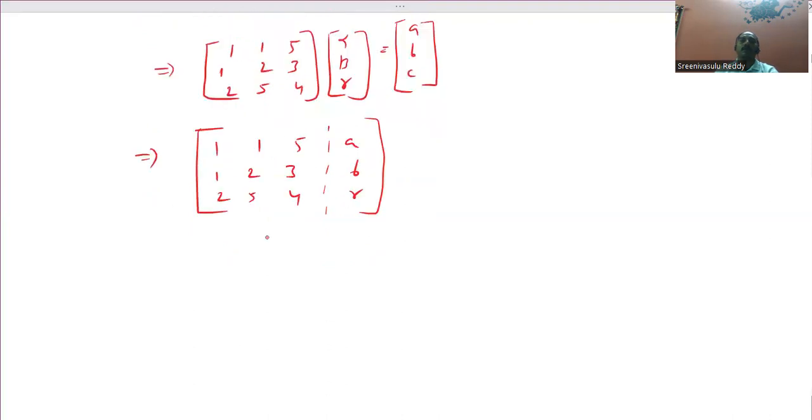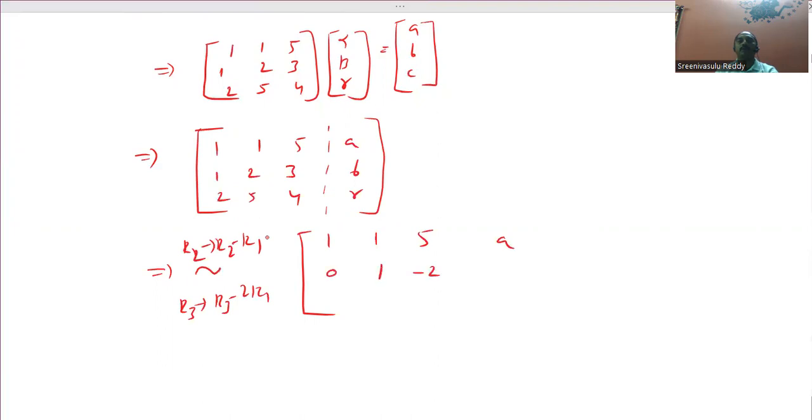Apply the row operations: R2 goes to R2 minus R1, R3 goes to R3 minus 2R1. The resultant matrix becomes (1, 1, 5 | A), then (0, 1, minus 2 | B minus A).